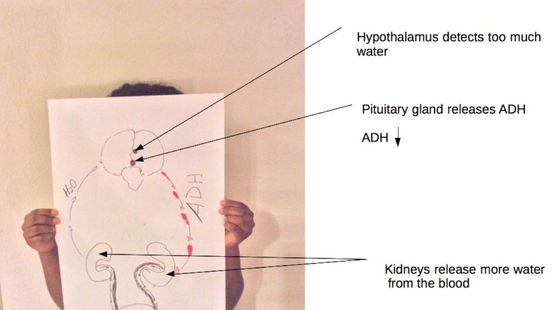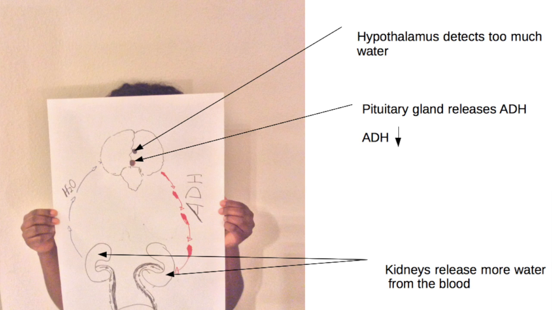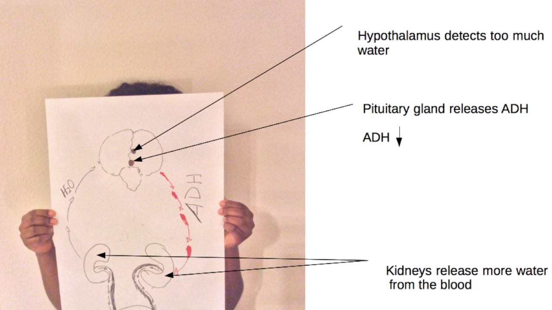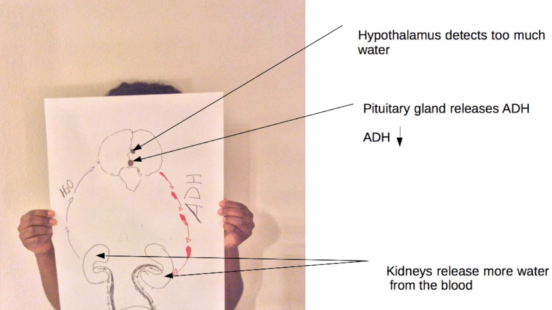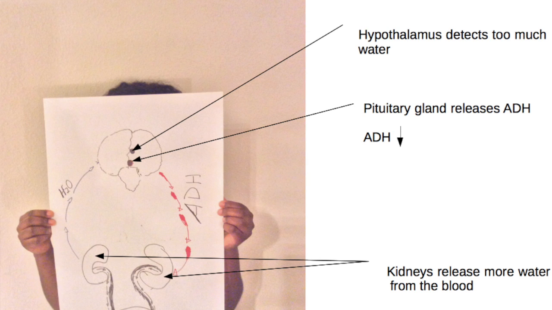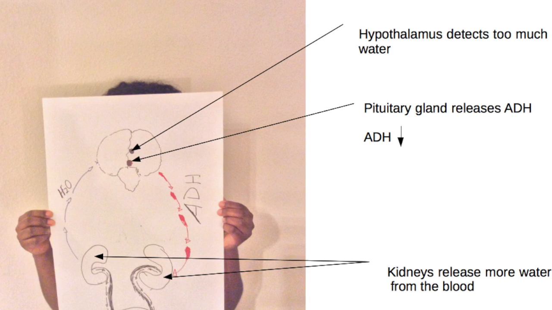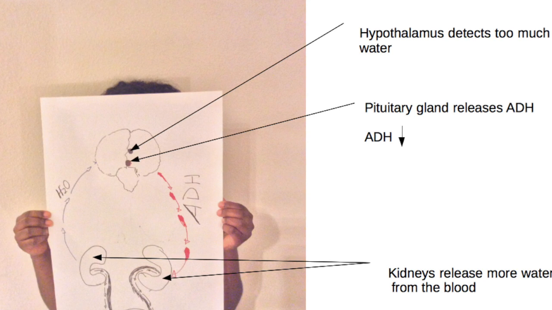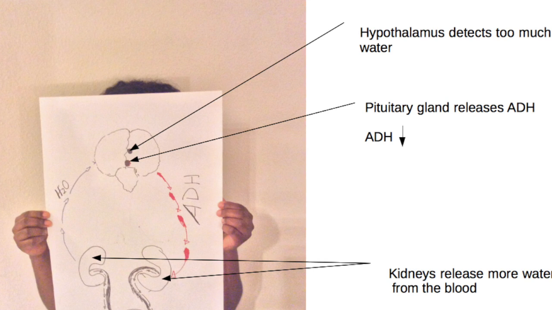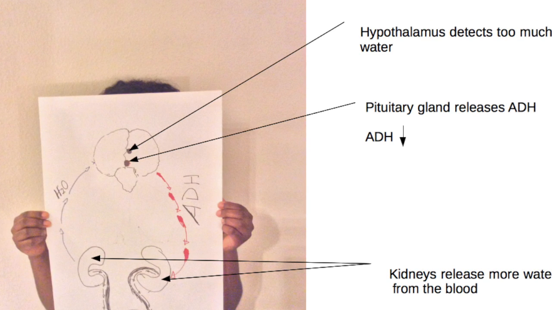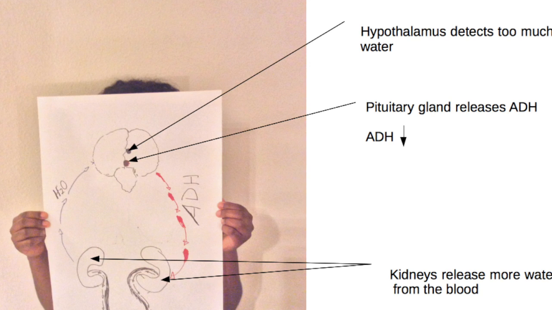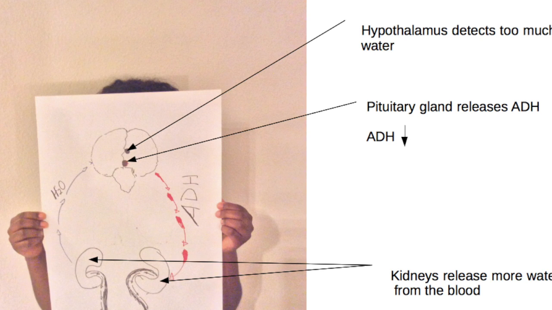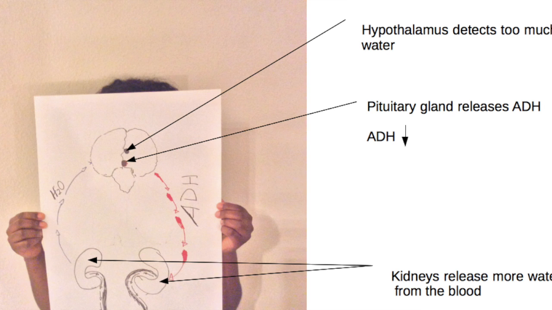When there is too little water, the amount of ADH increases. But when there is too much water, the amount of ADH released will slow down or even stop. So the ADH travels to the kidney, and more water will be released, and the urine will be more diluted, less concentrated.